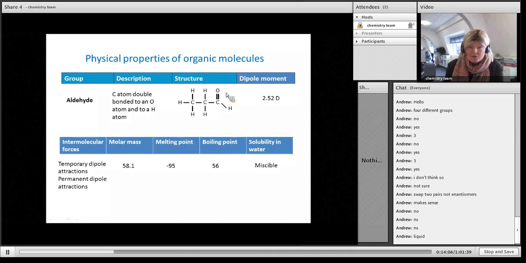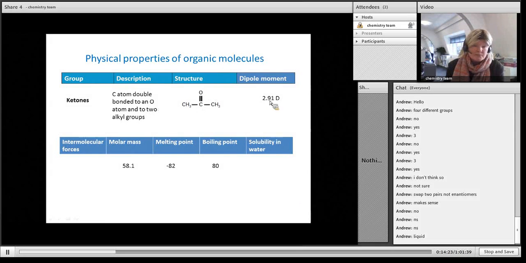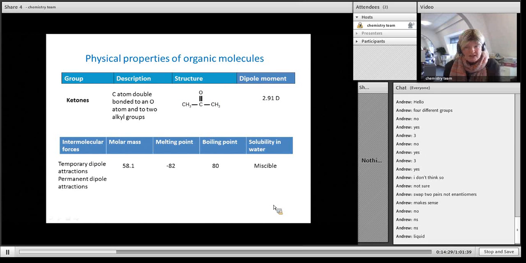The H of the water molecule can be attracted to the lone pair on the oxygen, so it will dissolve. Again, though, the longer the chain, the less likely it will dissolve, and it's a liquid.